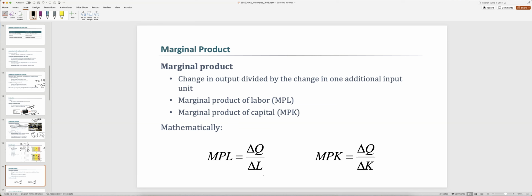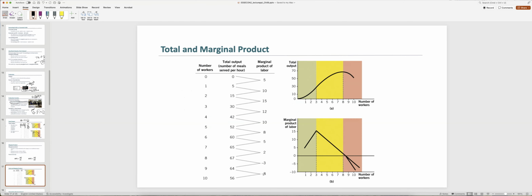So here's the equation. I kind of already told you this, but you essentially could do the same thing then for the capital as well as the labor. And this is just another way of looking at it. Number of workers, amount of meals produced.